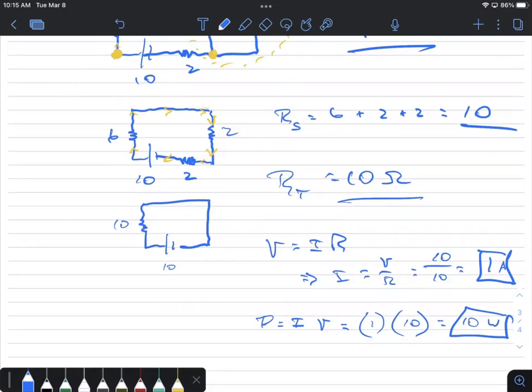So I now know the total resistance. Once I'm at that point, now I can use Ohm's law. I is V over R gives me the total current. P is I times V gives me the power. All right, so any questions about that?